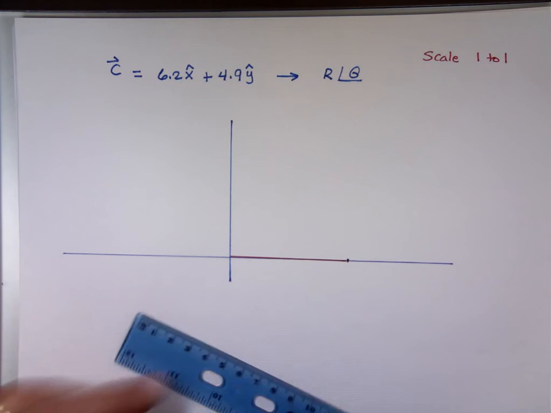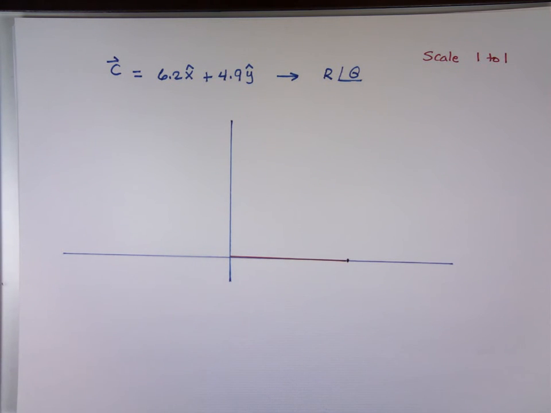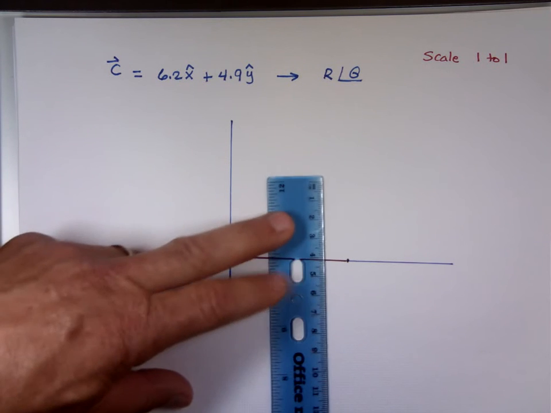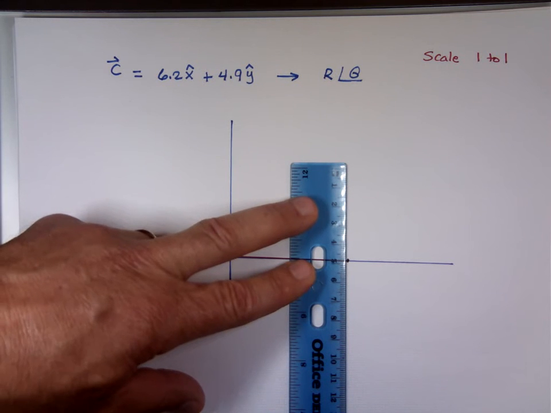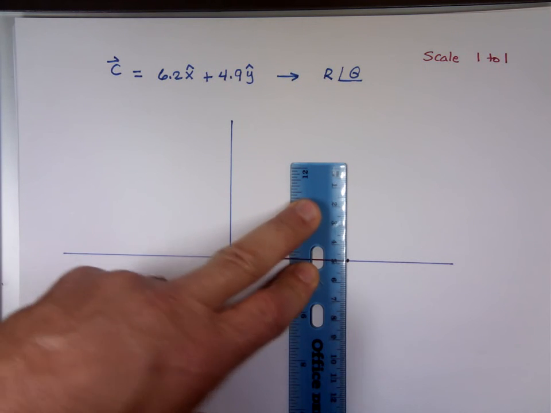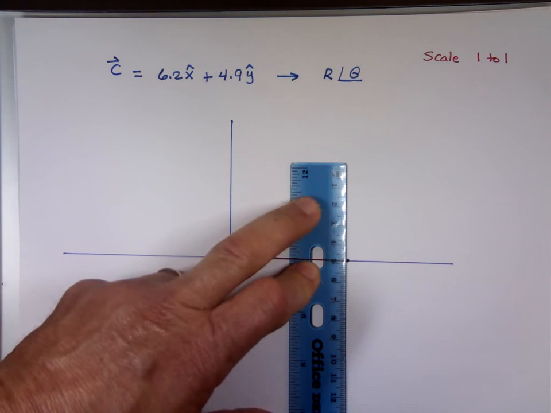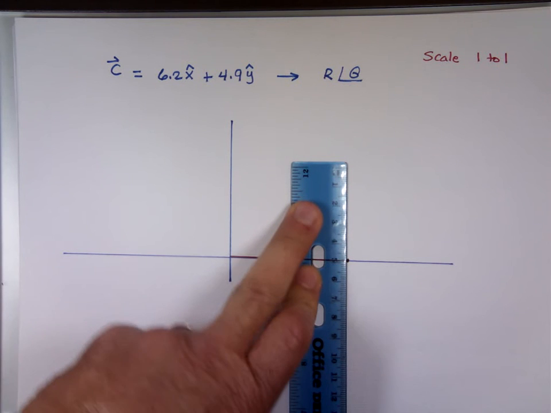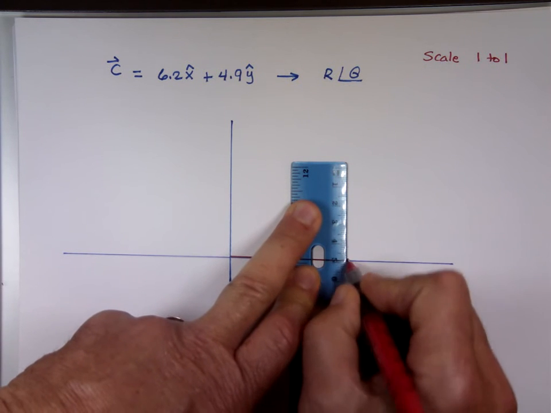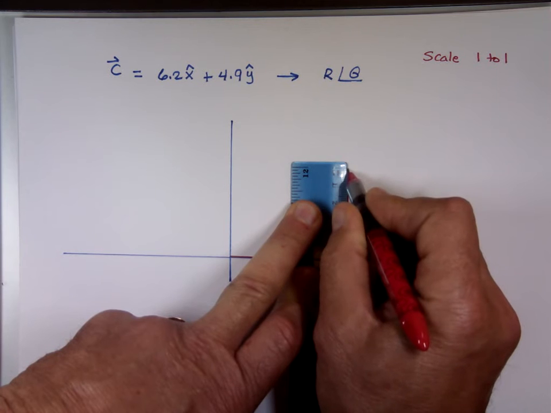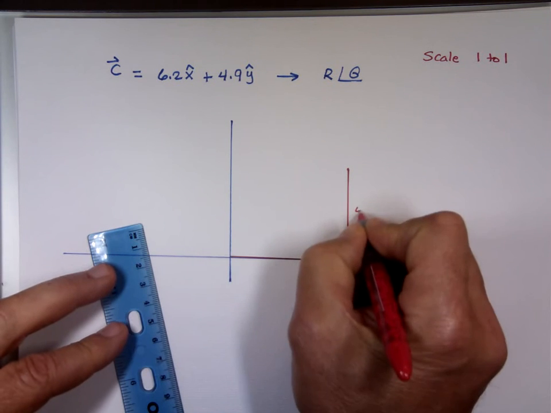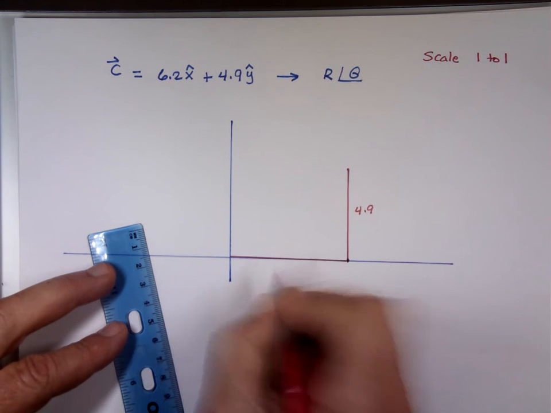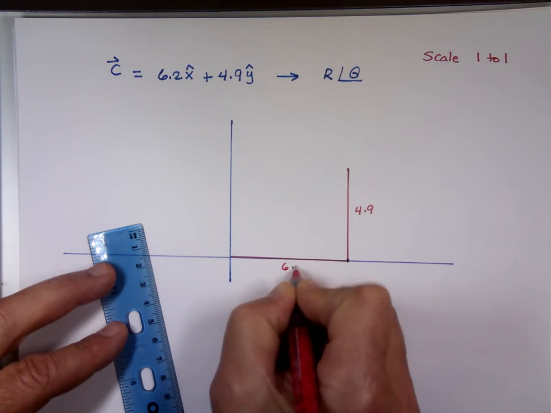And in the y direction, this is how big? 4.9. Let's do up 4.9. And hopefully I'm in a 90 degree angle, but I can't really tell if I'm in 90 degree or close enough. So 4.9 in this direction, 6.2 in that direction.